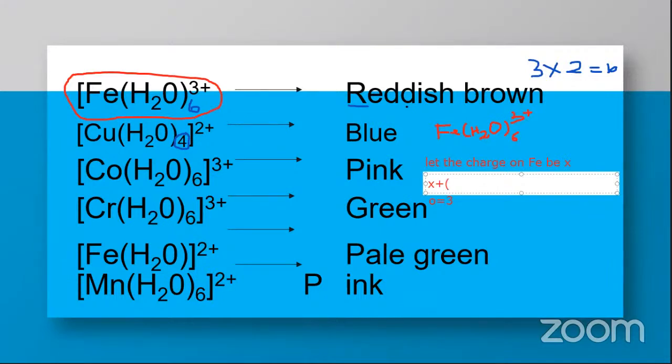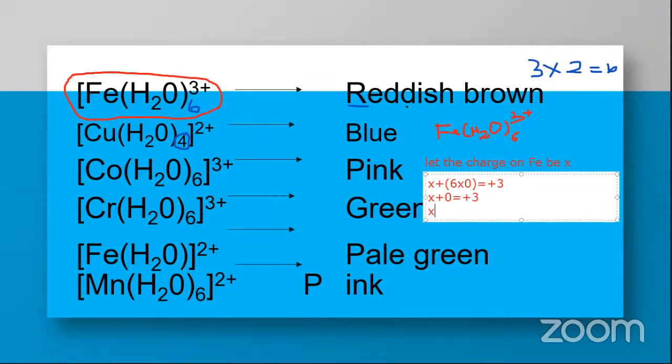It is 6, which is the number of ligands, times the charge on water, which is 0. We close the brackets, then equals the overall charge, which is positive 3. Then from there we say x plus 6 times 0, that is 0, is equal to positive 3.